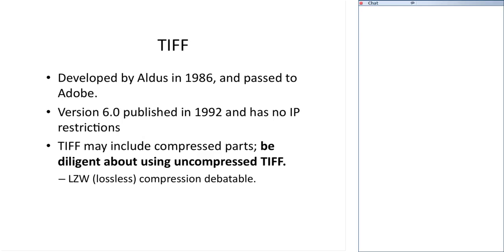It's in version 6. That version was published in 1992 and has no IP restrictions on it. There's a sort of legalistic point to be made here that Adobe Inc. owns the TIFF file format, but they don't charge any licensing fees and they don't restrict usage of it. So it's an open published specification.